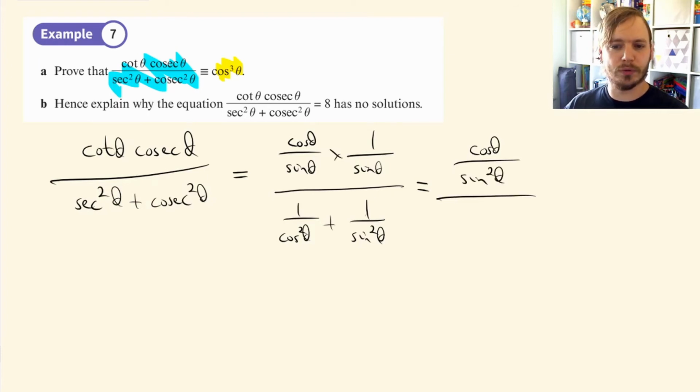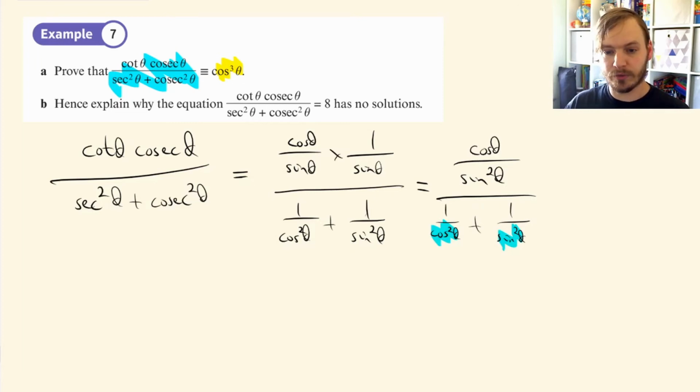And then on the bottom we've got all of this mess, 1 over cos squared theta plus 1 over sine squared theta. Now to join these two together, I need to multiply by cos squared on one and by sine squared on the other to get a common denominator.